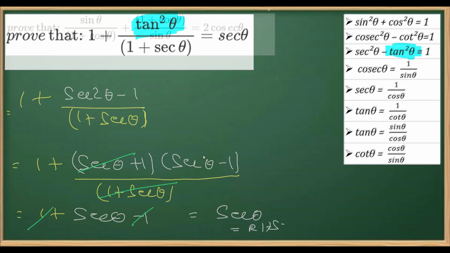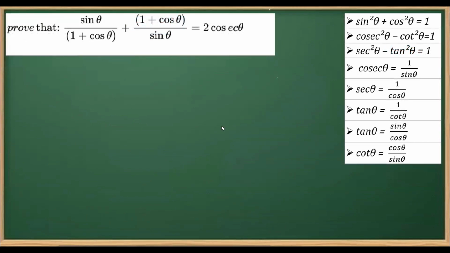Next, let's move to the next question. Well, I lost the count, but anyway, let's continue in order. We have to prove this LHS, which is in terms of sine and cos, and convert it to cosec. I can see that the denominator of the first is the same as the numerator of the second, right?